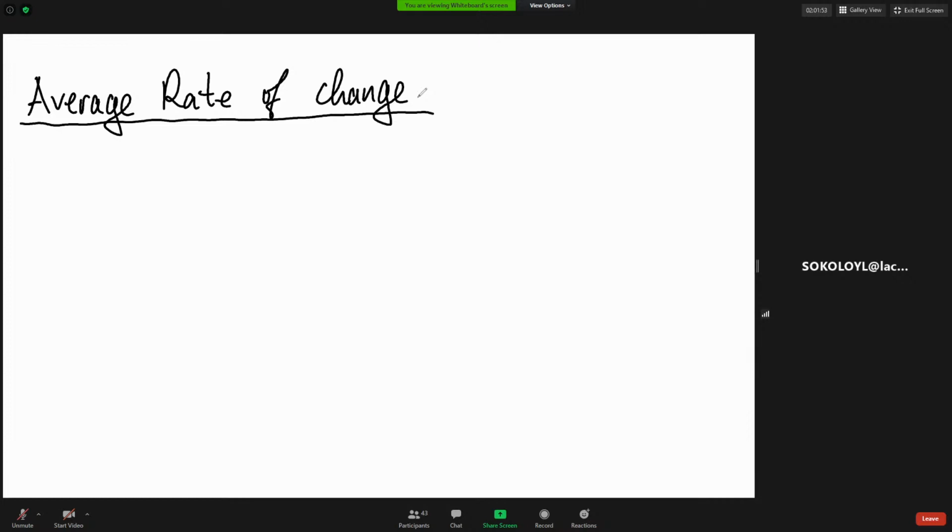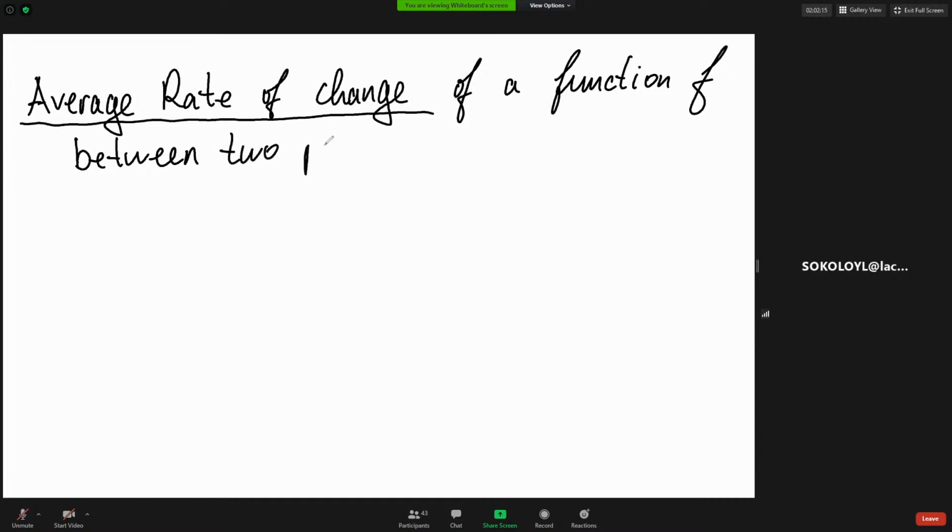So when we talk about average rate of change of a function, we'll give it a name f, and we have to specify where we're looking at that average rate of change between some 2 points. So average rate of a function f between 2 points, we'll call them x sub 1 and x sub 2, is given by the following formula.